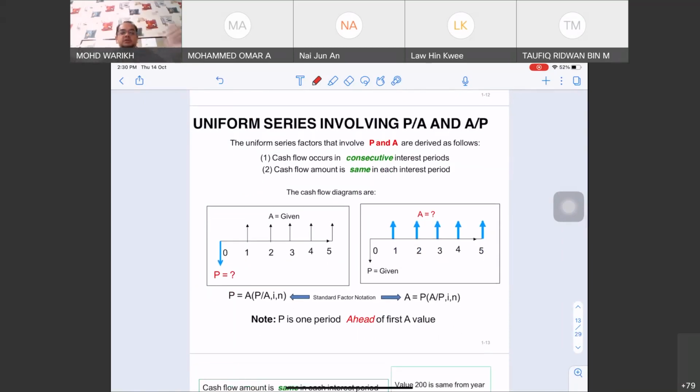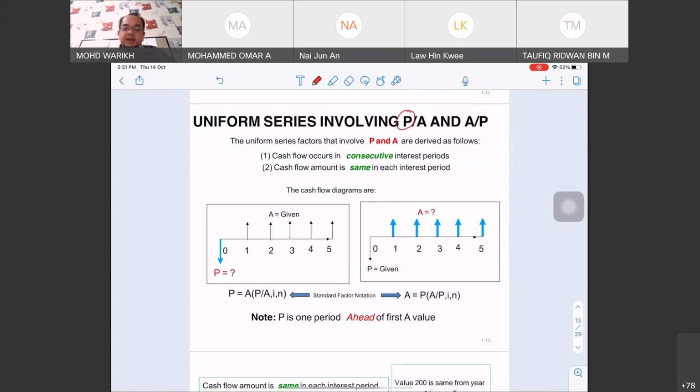And it's a uniform series that involves P over A and A over P. For the first slide just now, we only discussed F over P or P over F. So the next is about P over A and A over P. That means the parameters involved are the present and the annual.